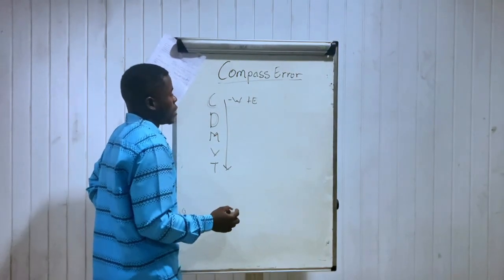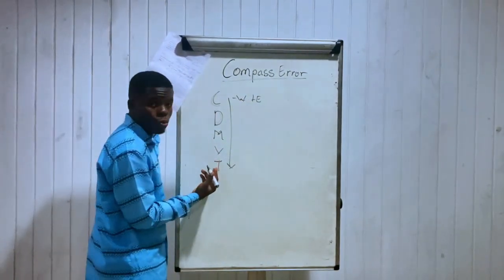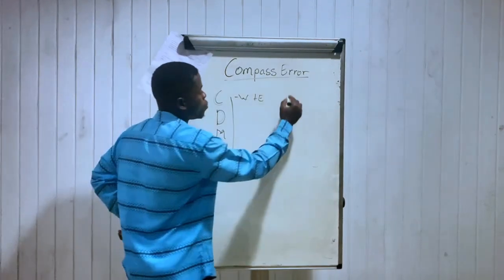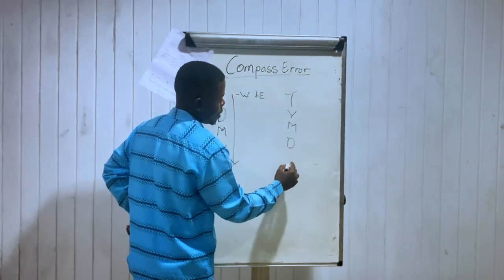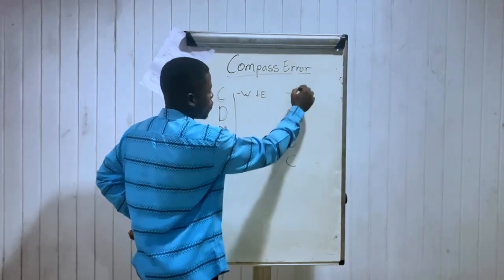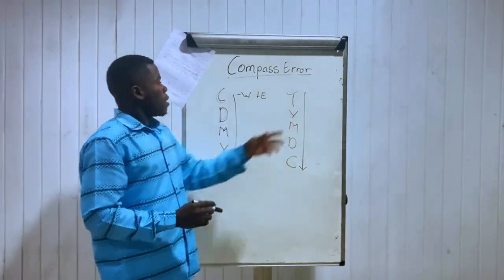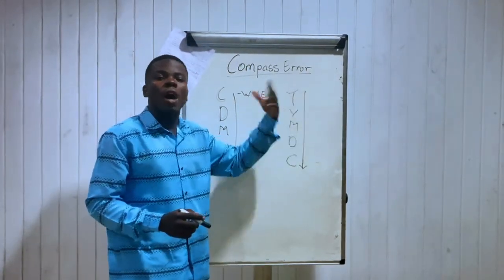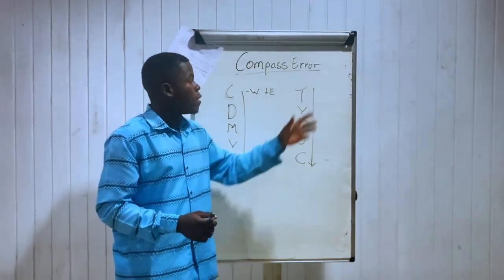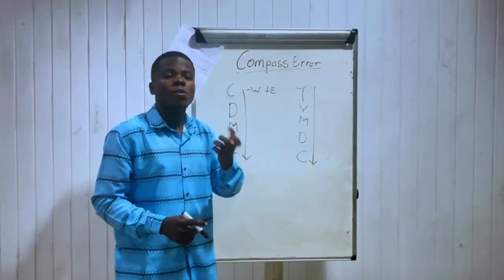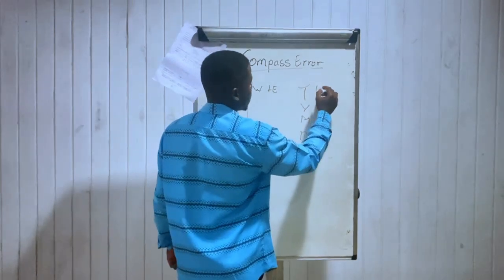The same thing applies when I'm moving from true to compass, but vice versa. So true to compass, T V M D C, I'm moving from here to here. For that one, my west will be plus, whilst my east will be minus.